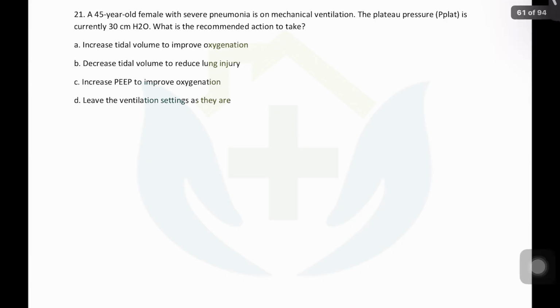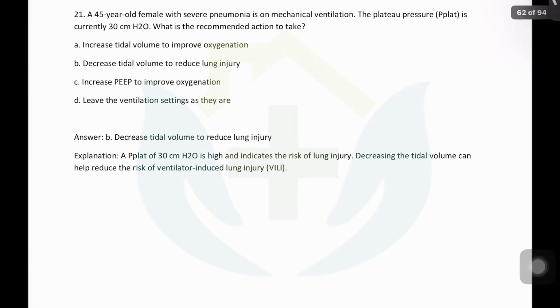So, can't we leave the ventilatory settings as they are? We can leave because it's still 30. It's still 30, we can leave, I think. So, certainly, if we increase the PEEP, the plateau pressure can also increase. We can decrease the tidal volume to reduce the lung injury, can we? But it is not mentioned anywhere. So the question is about the plateau pressure basically.